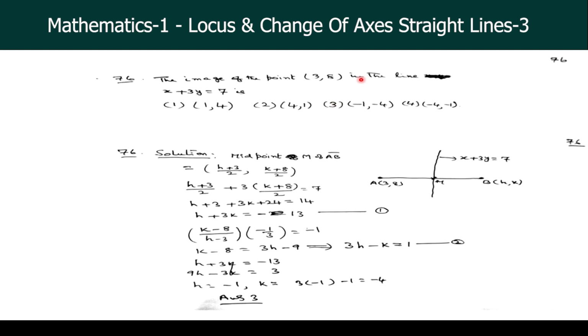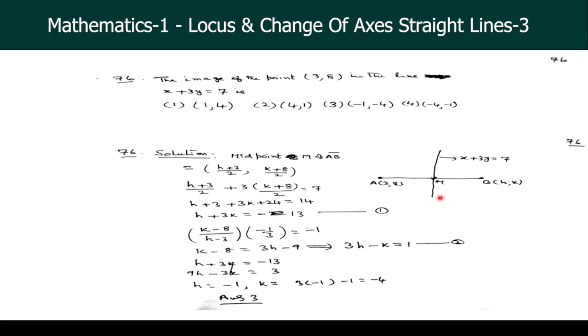Or otherwise, as in the previous problem, take the image of A as B (h, k). The midpoint M of AB, namely ((h plus 3) by 2, (k plus 8) by 2), lies on the line x plus 3y equal to 7. Substituting, you will get h plus 3 plus 3k plus 24 equal to 14, or h plus 3k equal to minus 13.